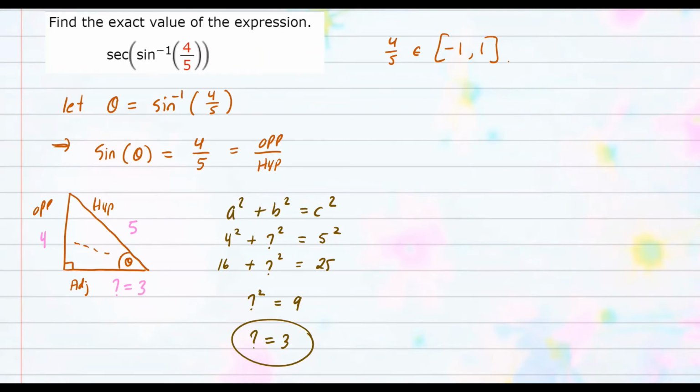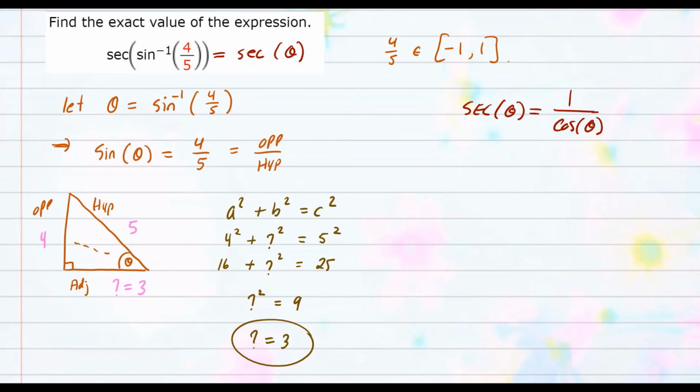Well, now that the triangle is completed, we can answer the question. We're looking for secant of sine inverse of 4 over 5. Sine inverse of 4 over 5 was theta. So this is really secant theta. Secant is the reciprocal of cosine. So we know secant theta is 1 over cosine theta.